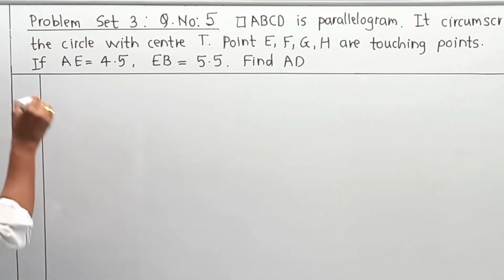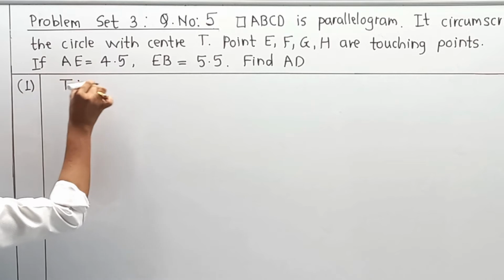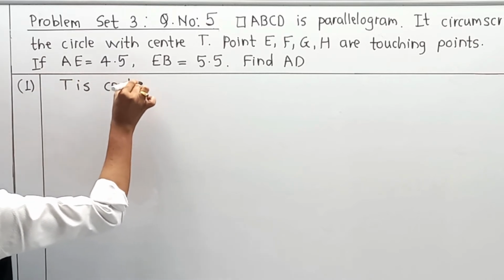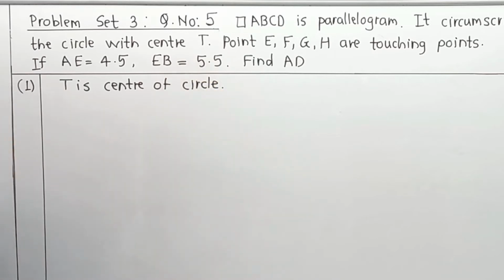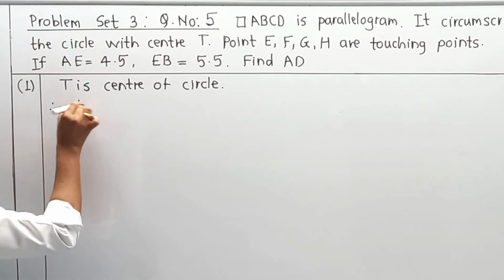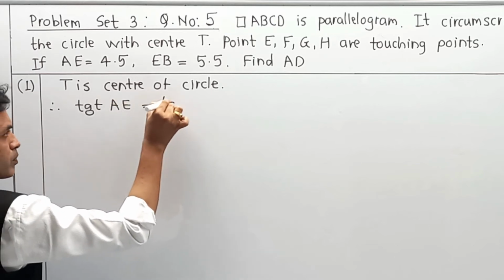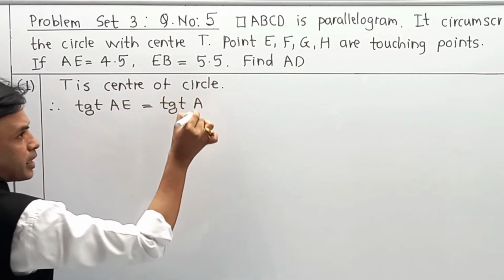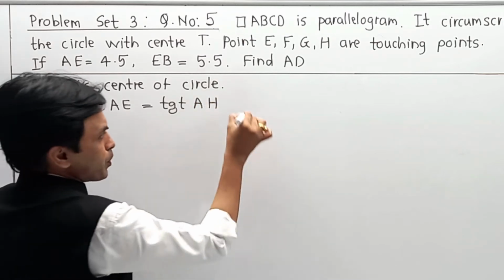Now, as I described in the diagram, we are going to start one by one. First, T is the center of the circle, because we are going to write the property correlated with that. Now, tangent AE is equal to tangent AH, and that is equal to 4.5.